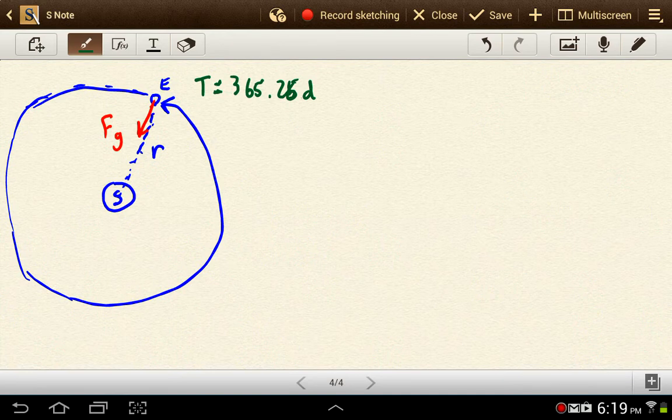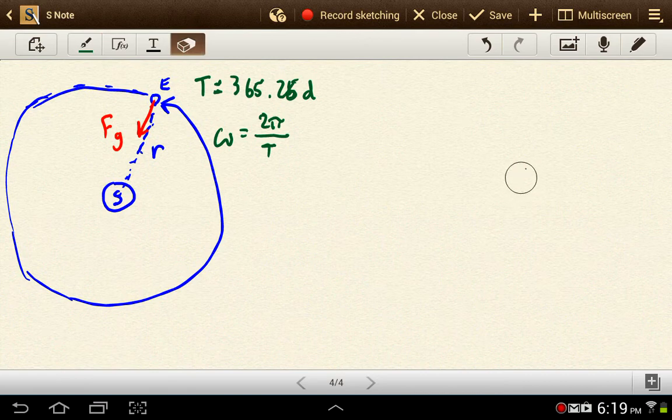Again, like with the geosynchronous orbit, we can find omega, which is 2 pi over T. Remember, you want to convert T into seconds first. And then we can do our little circular motion analysis.